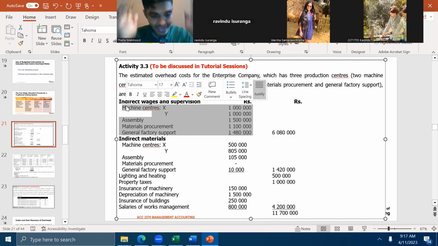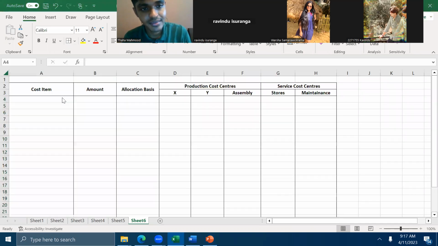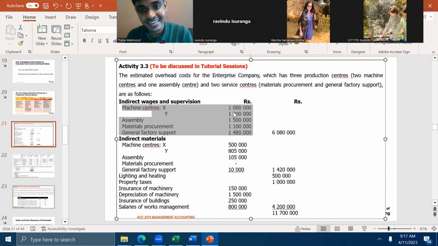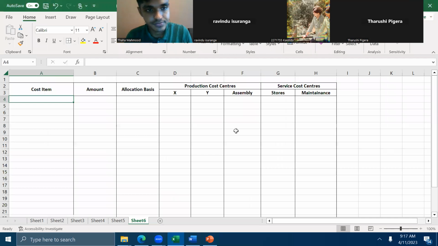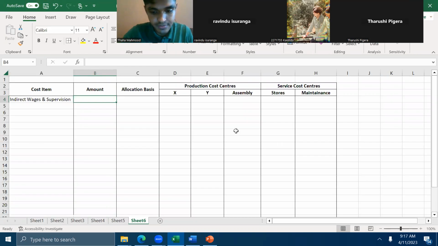They are able to trace for each cost center, and have given this kind of break up. So these things you can directly allocate. This is what you call direct allocation. They have directly traced into each cost center. So the indirect wages and supervision amount is 6,080,000.